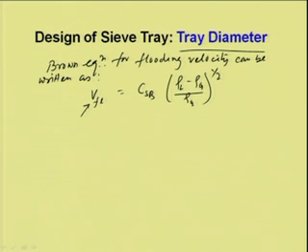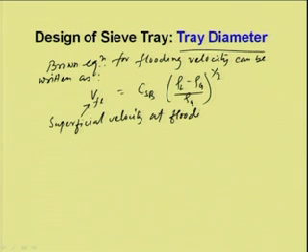This is the superficial velocity at flooding. C_SB is the Souders-Brown flooding constant.